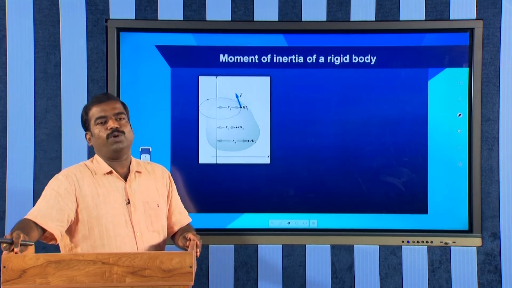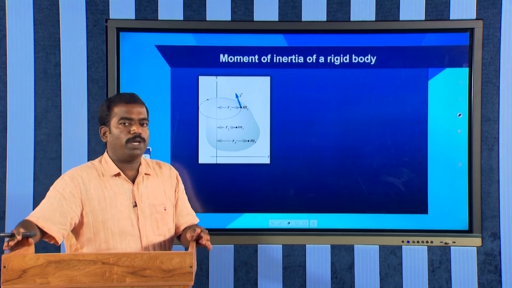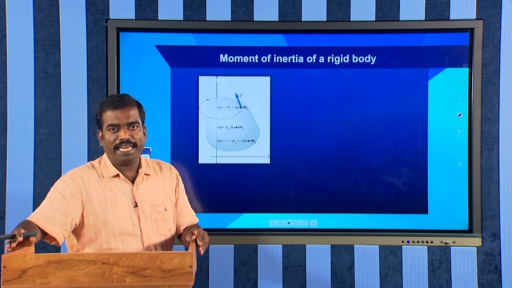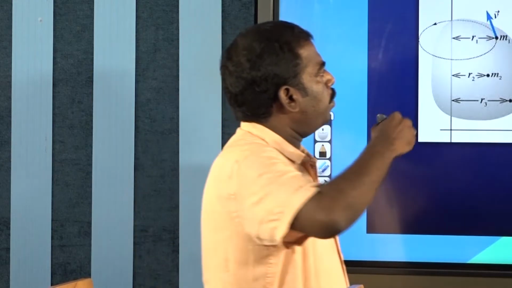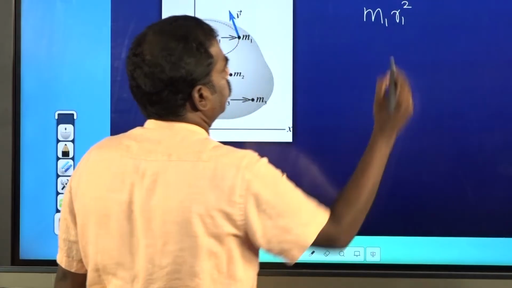So in the case of a rigid body consisting of a large number of particles, the moment of inertia of the rigid body can be calculated by finding the moment of inertia of the individual particles. In this case we are just considering 3 particles: m1 at a distance of r1, m2 at a distance of r2, m3 at a distance of r3. So the moment of inertia of mass m1 at a distance of r1 is m1 r1 square.